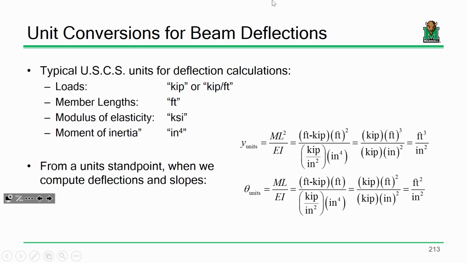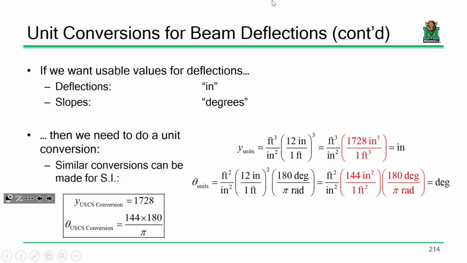All right, so here's what's happening. My units come out for deflection in feet cubed over inches squared. This is feet squared over inches squared. So I'm going to throw in a conversion. For the deflection, I'm going to say, all right, feet cubed per inches squared. If I can turn this into inches cubed, it'll come out in inches. Make sense? So feet cubed, I need to turn that into inches cubed, so my conversion factor is 12, right? But I got to cube it. So 12 times 12 is 144 times another 12 comes out to be 1728, okay?